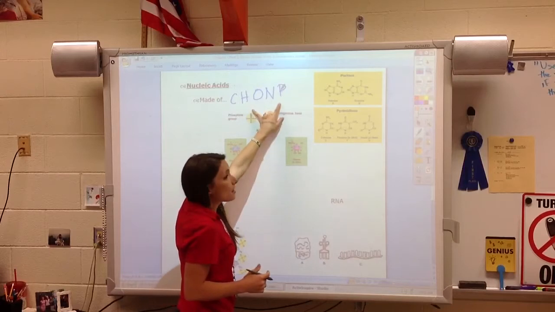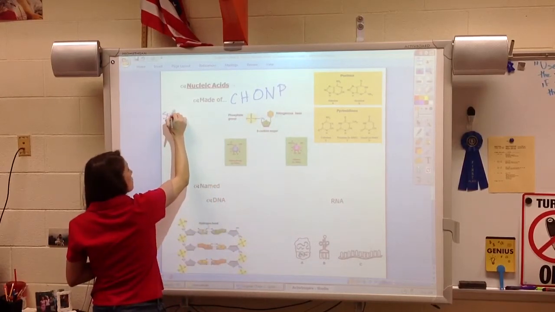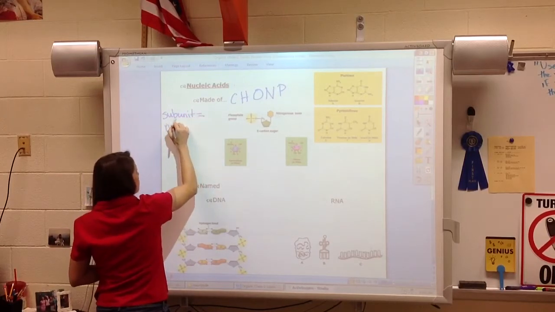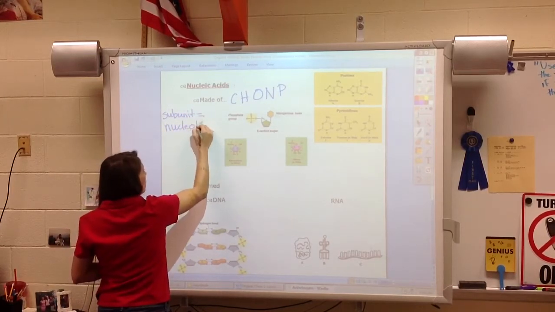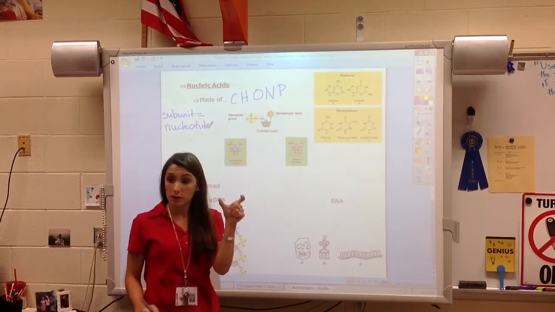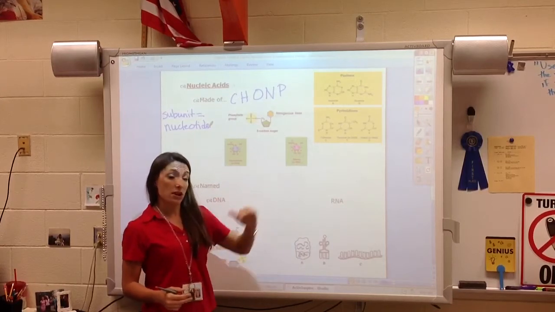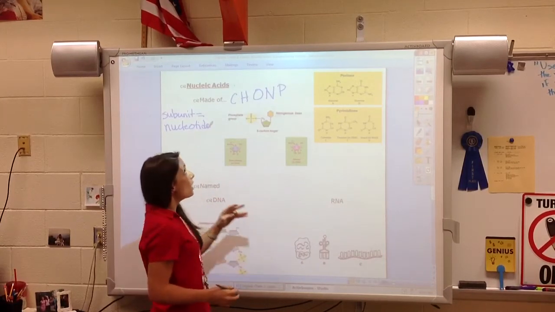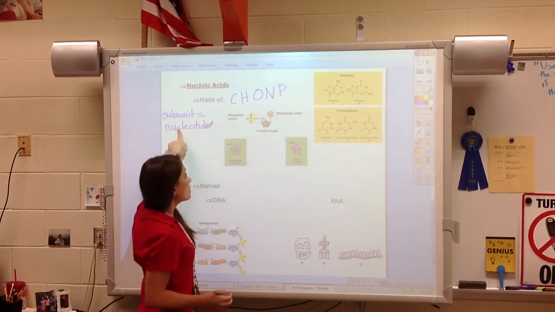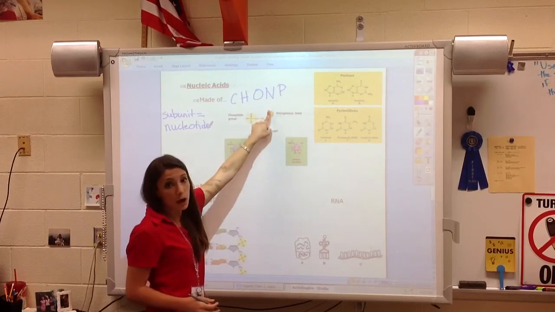These 5 elements are going to be arranged into a subunit called a nucleotide. And when we looked at carbs, the subunit was a monosaccharide. When we looked at lipids, we had the glycerol and the 3 fatty acids. When we look at nucleic acids, the subunit nucleotide actually has 3 distinct parts.